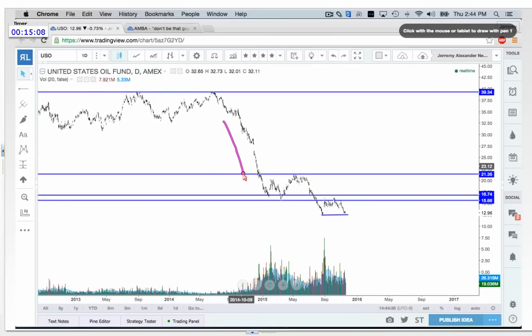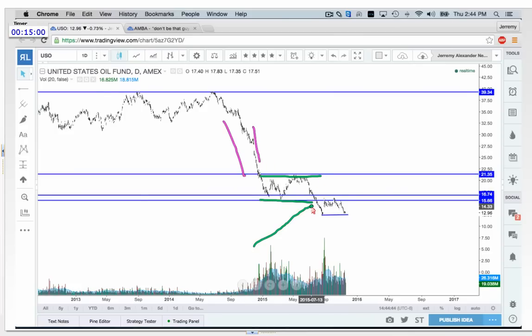So obviously this is your bearish public participation phase. Here's your accumulation phase on USO. USO broke down bearish into another accumulation phase. So right now on USO, we really are at the level.